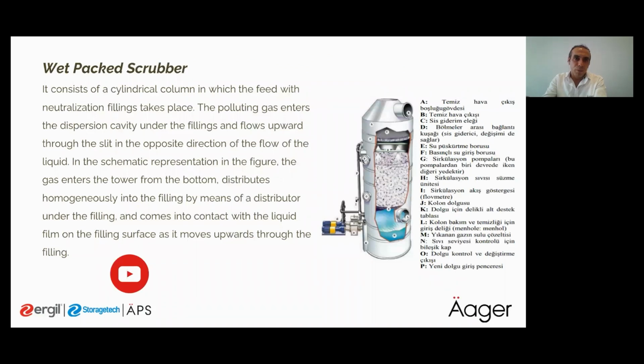And I come to the wet packed scrubber. In the wet packed scrubber, we have a solution again at the bottom. It's a chemical solution, and we are pumping this solution to spray nozzles here, and we have Raschig rings, or pall rings, here. The pall rings or Raschig rings increase the surface area between the gas and liquid, and create time for the chemical reaction.